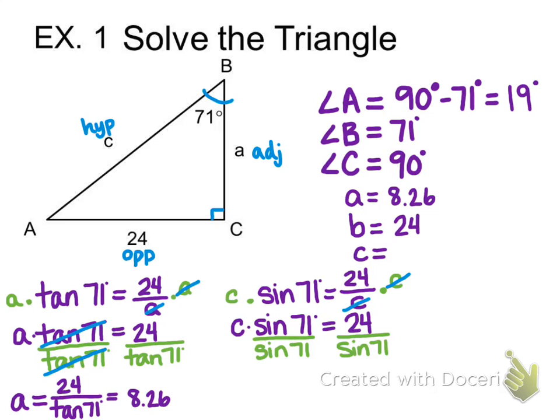Then I divide by sine 71 on both sides. The sines on the left cancel, so now I have C equals 24 over sine 71.